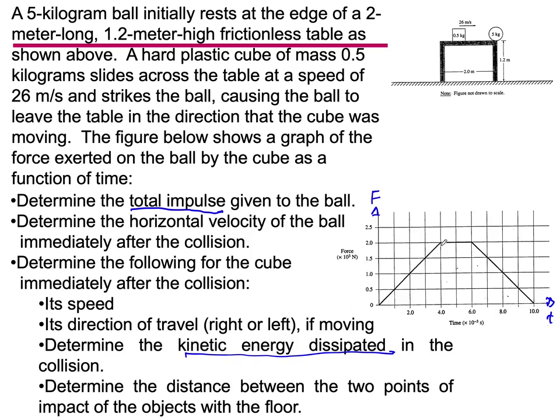If we look at this graph, we need to find the area underneath the curve, and we can split it into a couple triangles and a rectangle. If you look at this triangle, it's 2 tall and 4 wide. That's 8. It's a triangle, so half of that is 4. This is 10 to the third, and this is 10 to the minus third. Those two kind of cancel out, which means the impulse on this part right here is 4.